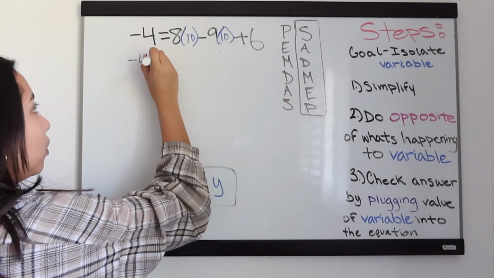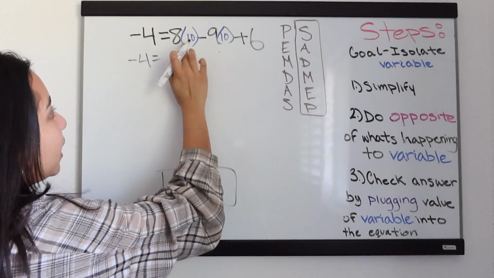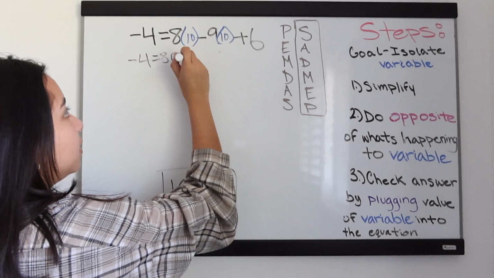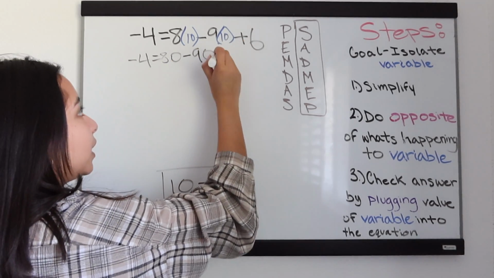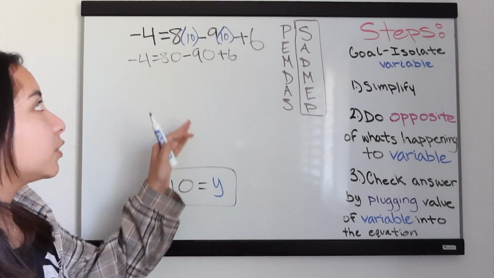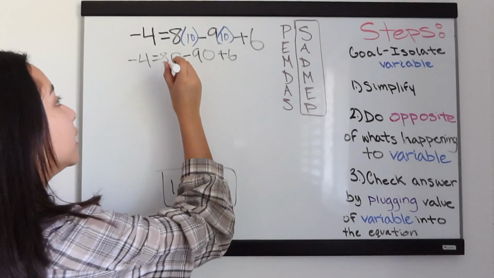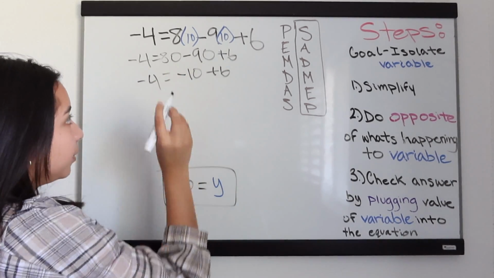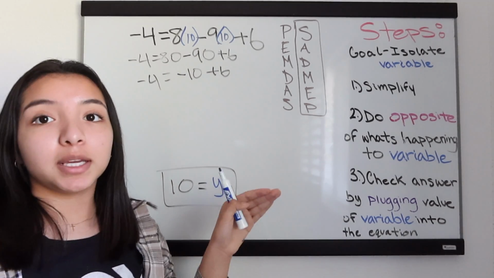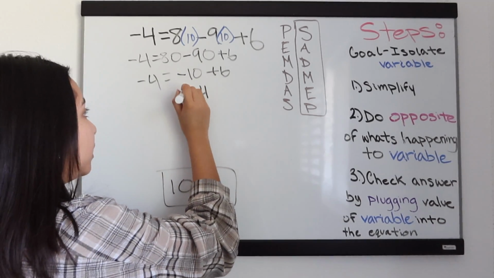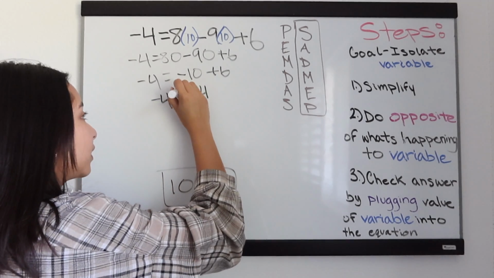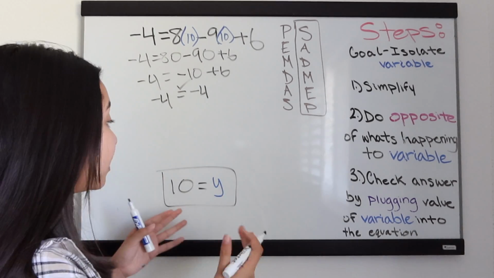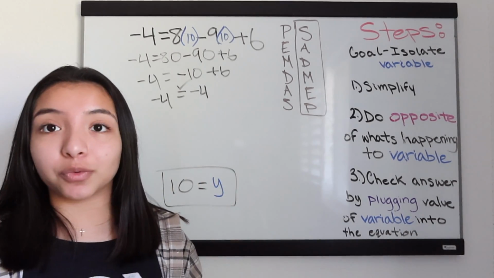We have negative 4 on this side of the equation. 8 times 10 is 80, minus 9 times 10 is 90, plus 6. So 80 minus 90 is negative 10, plus 6 is equal to negative 4. The statement is correct. Negative 4 is equal to negative 4, so that means that y is indeed equal to 10.